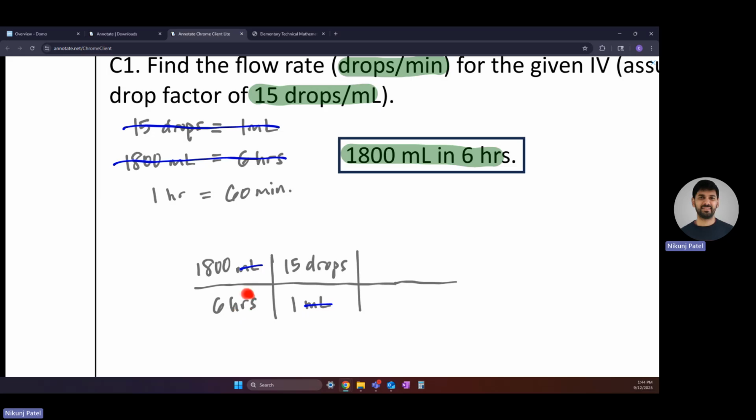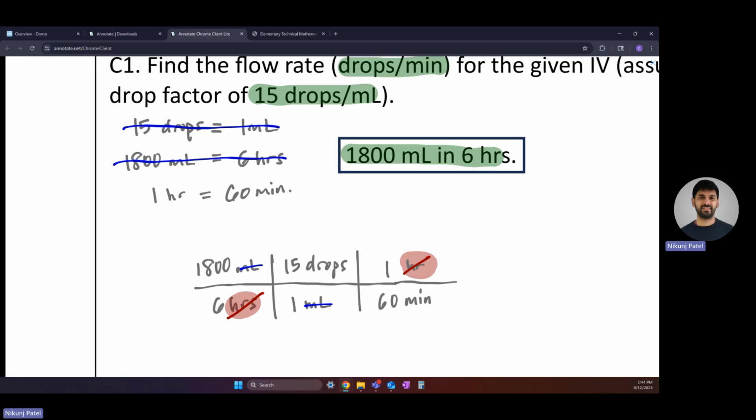Well, we already see that we have hours down here. So that means that we need to place the same unit up here in order for that unit to cancel. 1 hour is equivalent to 60 minutes.